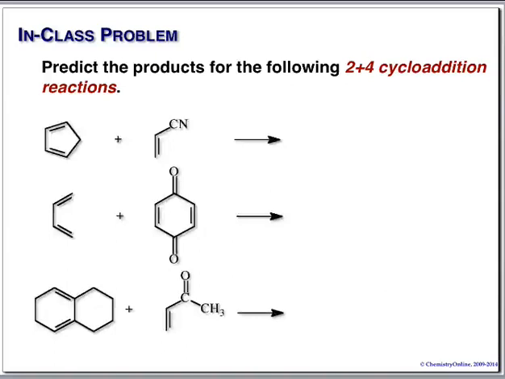Whenever we use cyclopentadiene as our diene, we're going to wind up with a bridged product, aren't we? It's going to have this little CH2 sticking up in the middle. This is what it looks like.